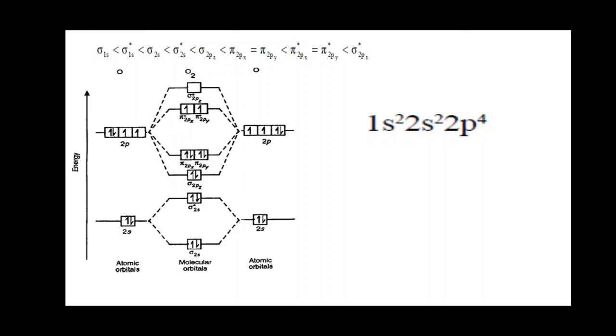So Hund's rule we have to follow, right? The total number of electrons in the 2p orbitals, left side and right side, 1 2 3 4 5 6 7 8, 8 electrons. So at the bottom, sigma 2pz, pi 2px and pi 2py, 6 electrons we can accommodate. So the remaining 2 electrons move to the antibonding, right? So pi star 2px 1 electron, pi star 2py 1 electron.